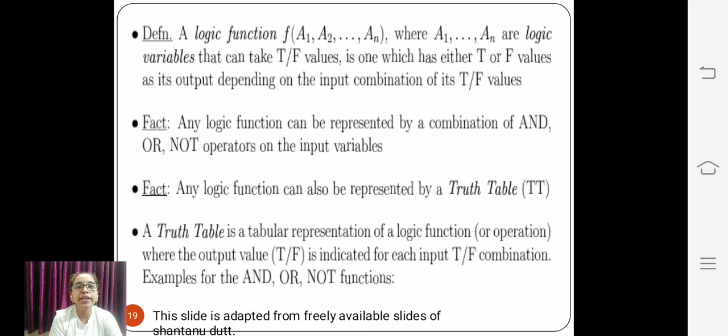Or I can write here that any logic function can also be represented by a truth table. A truth table is a tabular representation of a logic function or operation, where the output variable, true or false, is indicated for each input true or false combination. Taking the input as true or false with respect to output, I can write the truth table of all the gates.